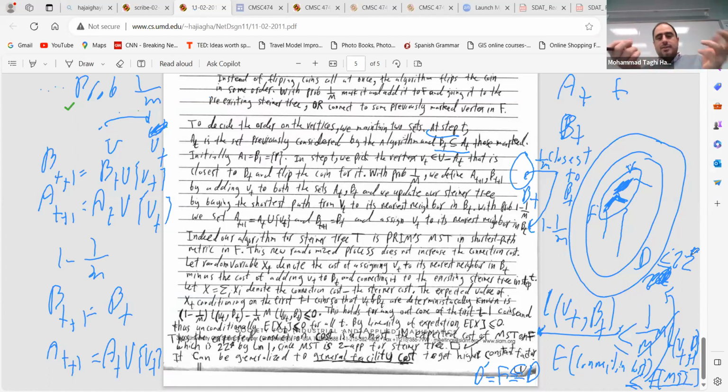This is actually an interesting idea that you are doing it step by step, and you say that this is the cost that I'm paying. Essentially, the expected cost that I will pay each time for this spanning tree on B is greater than the connection cost.